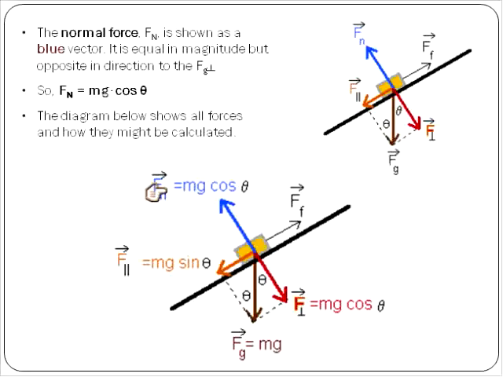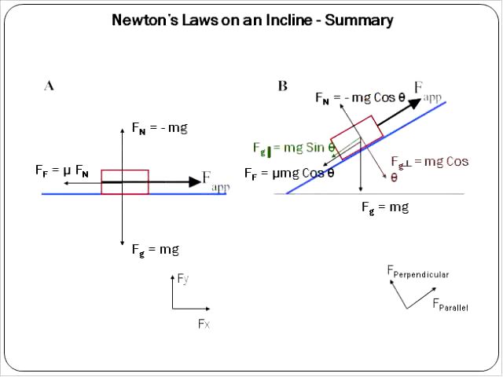Now, Fn is equal to F perpendicular, so we can also call that mg cosine theta, just like F perpendicular was mg cosine theta. The only difference is the direction. Now, friction is not written in here yet because we're going to get to that next time. Okay, the next session, topic 8, will cover what we do when there's friction in these situations. So here is a summary.